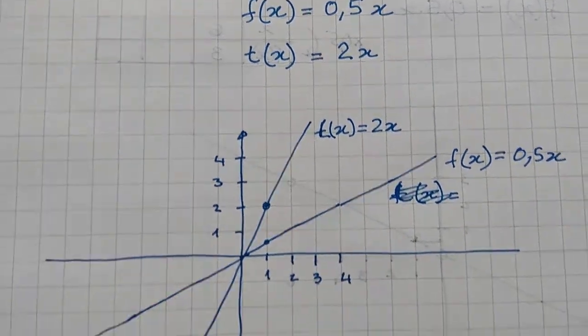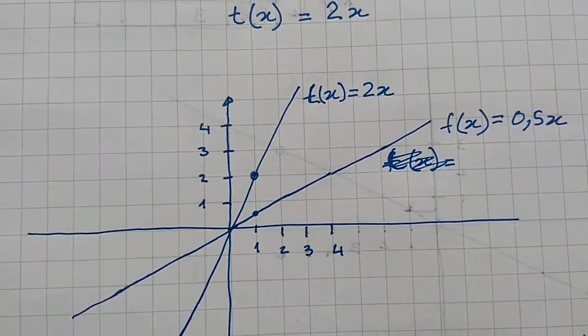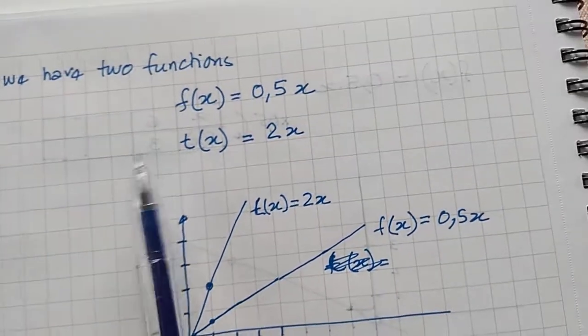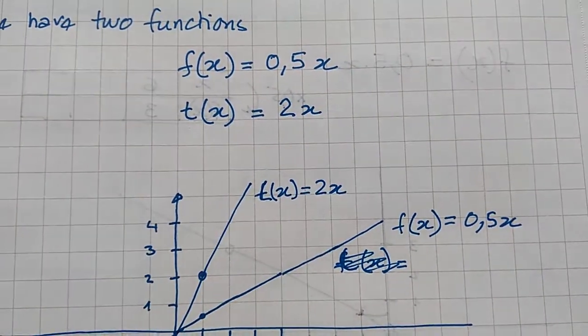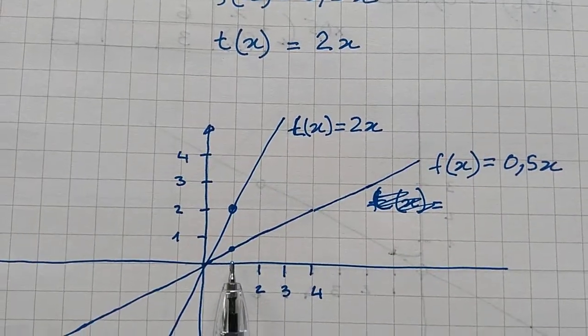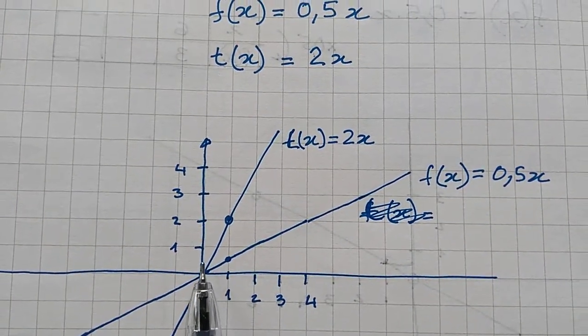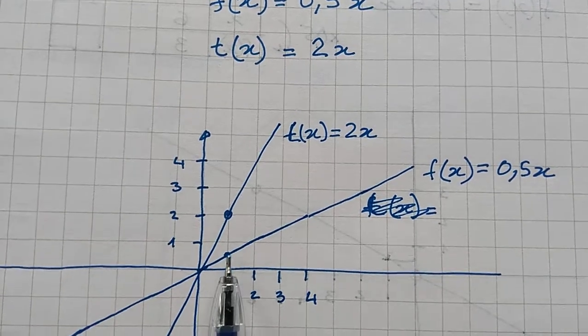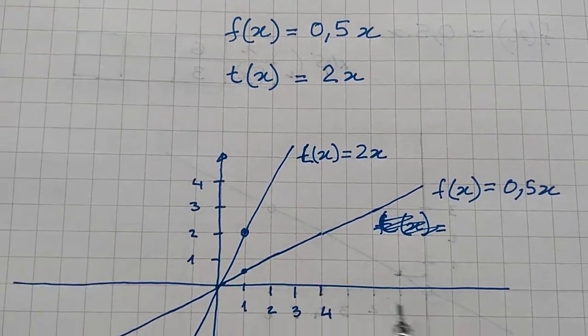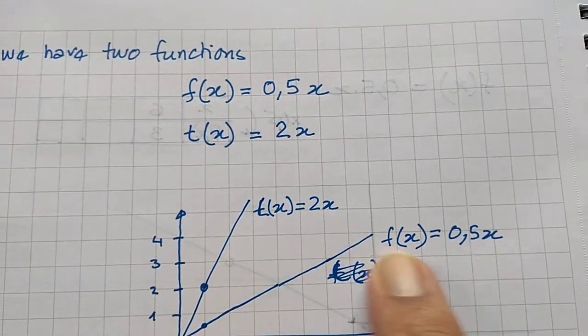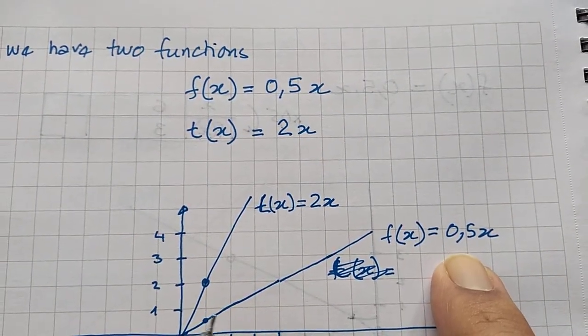If we plot them, let's take the first one, f(x) equals 0.5x. When x is equal to 1, f(x) is equal to 0.5. So we can mark that point and draw a straight line, and this is the line we get for f(x) equals 0.5x.